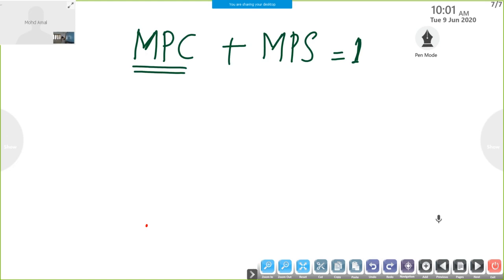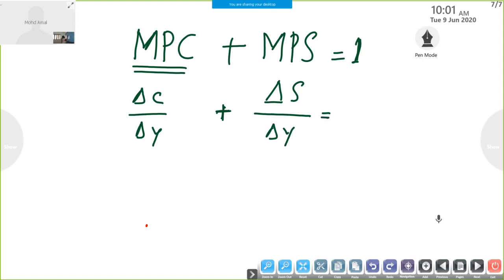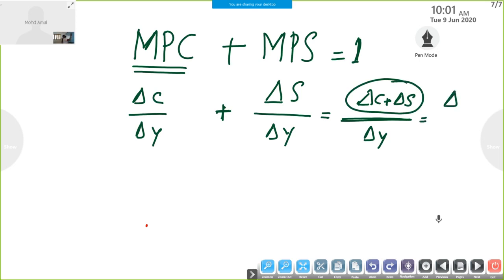Instead of MPC, we can write delta C by delta Y, plus MPS, delta S by delta Y. Delta C plus delta S divided by delta Y. This delta C plus delta S is equal to delta Y. Delta Y divided by delta Y will give 1.